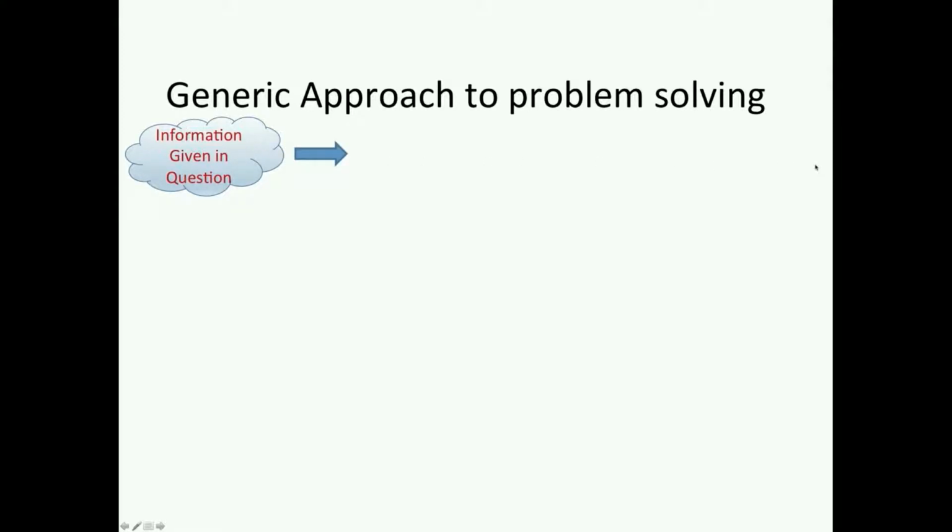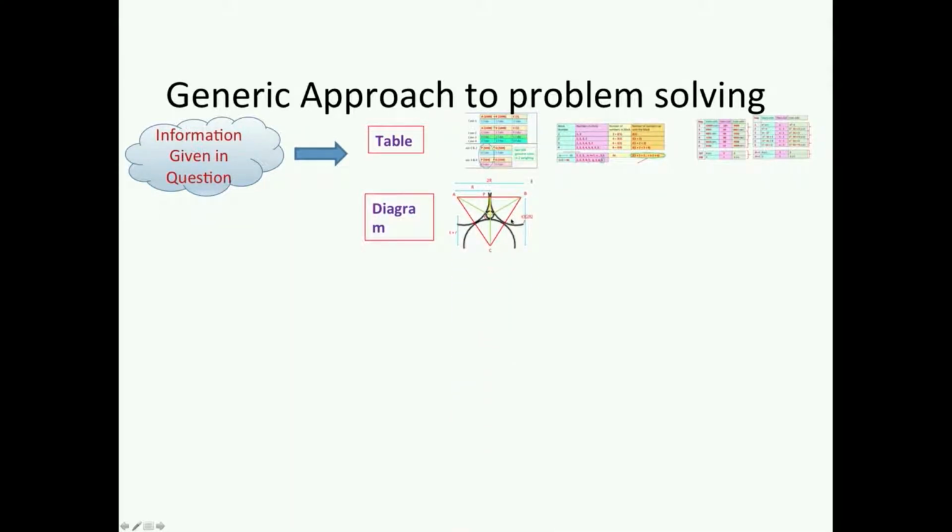So what you have to do is basically draw out the relevant information. Just cut out all the jargon, cut out all the unwanted stuff, and just pick out the right information. You have to actually find the right information in the question. And it's much easier if you can draw a diagram or a table based on this information.